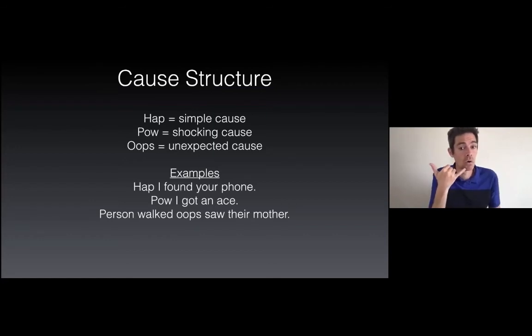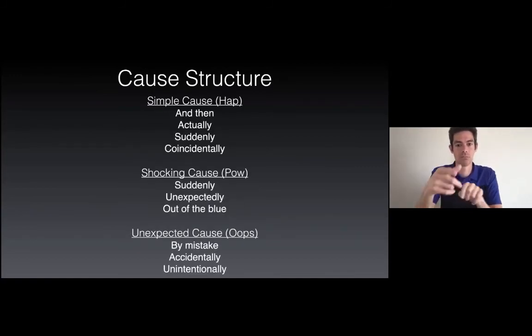So happen, I found your phone, which means I just happened to, it was just a simple thing. So in English, you could translate these this way. Happen could be translated as and then, actually, suddenly, or coincidentally.